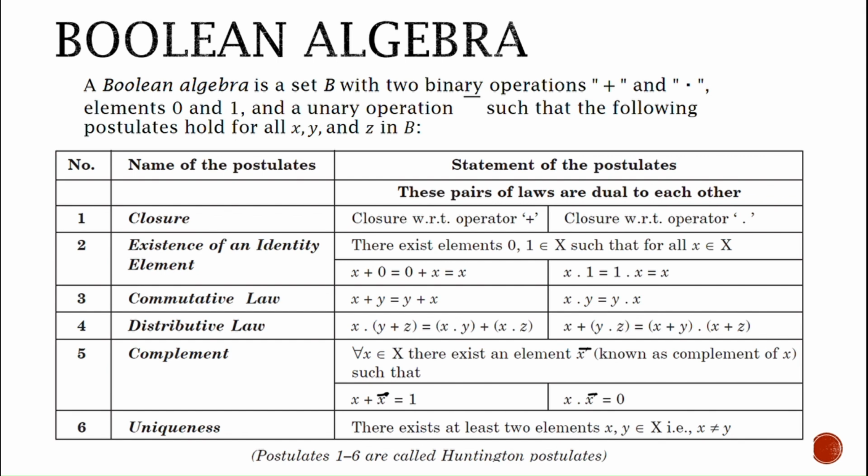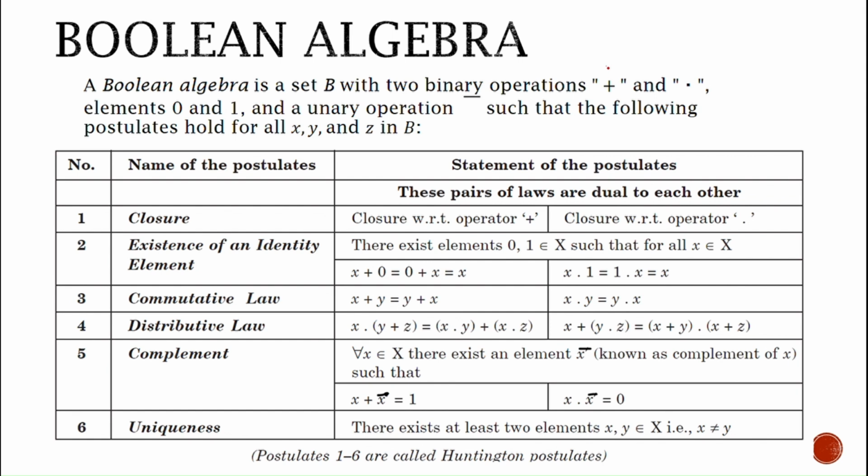As you know, Boolean algebra is basically a structure algebra, and a structure algebra starts with a set. As we have seen, Boolean algebra depends upon the set B, which is called the set of Boolean, and we have defined two operations on this set, plus and dot.